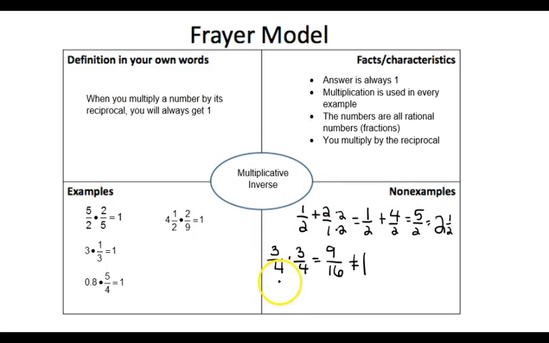If I had the reciprocals 8 over 2 divided by 2 over 8, I could first simplify these fractions to 4 over 1 divided by 1 over 4. Remember, when dividing fractions, you actually multiply by the reciprocal of the second fraction. So the reciprocal of the second fraction would be 4 over 1, so my answer would be 16 and not 1.